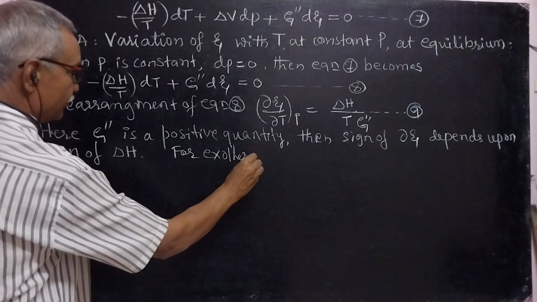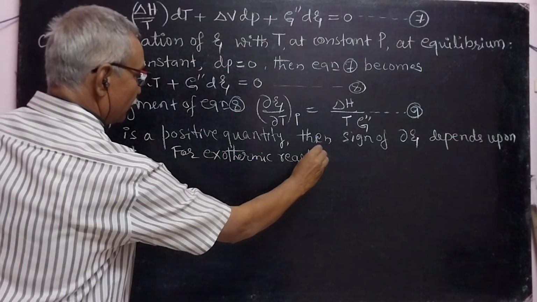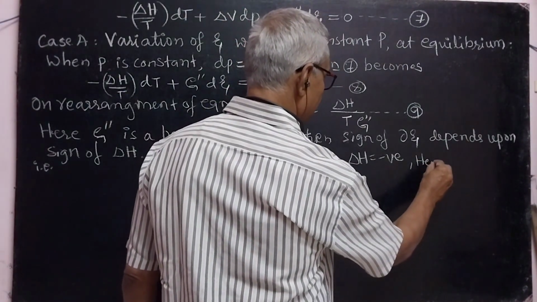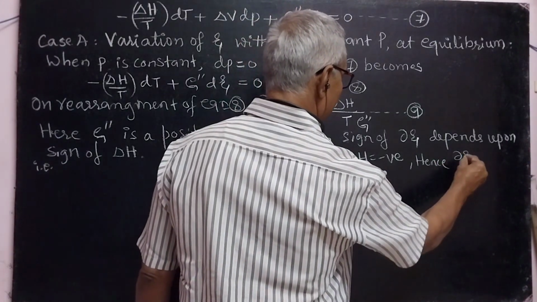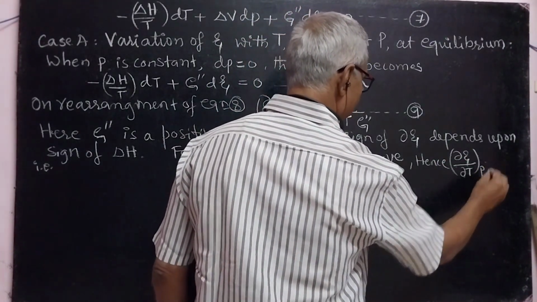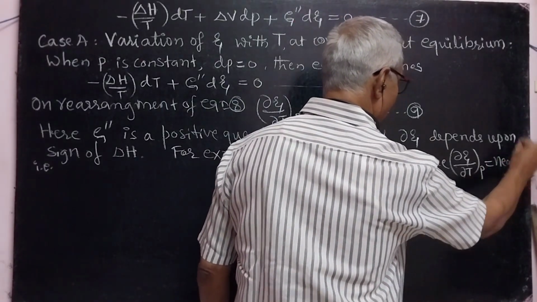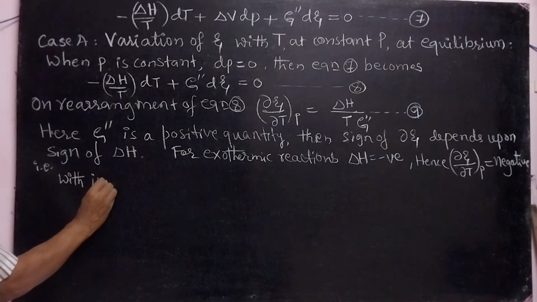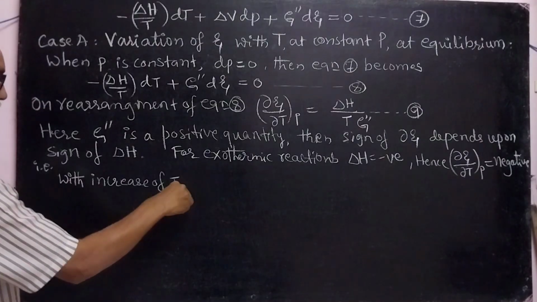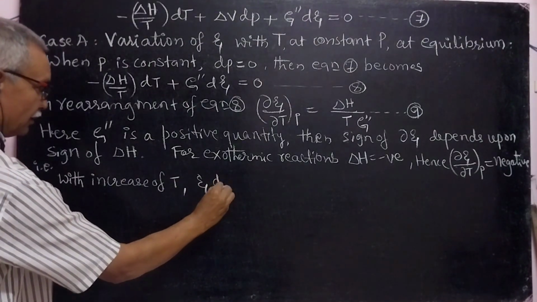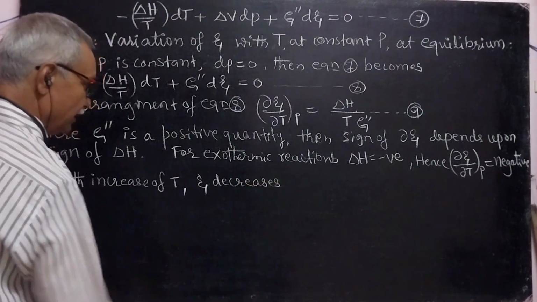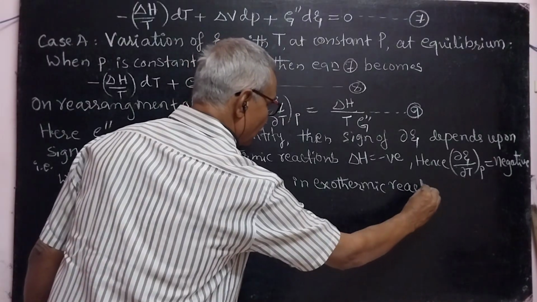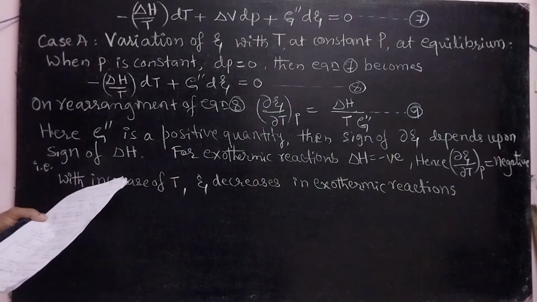For exothermic reactions, ΔH is negative, hence ∂ξ/∂T at constant pressure is negative, that is, ξ decreases with increase of T in exothermic reactions.